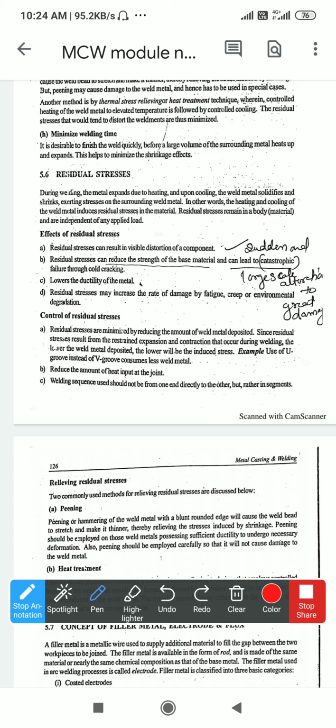The welding sequence used should not be from one end directly to the other end, but rather in segments. Just like in spot welding, the welding is carried out at spots to join the two metals. A line welding should not be done. For example, this is a line welding. Sequence welding means from this spot, then this spot, then this spot. Okay, so this is called sequence welding.